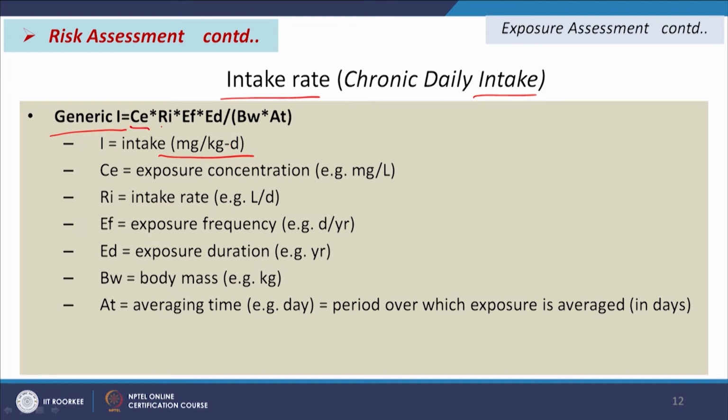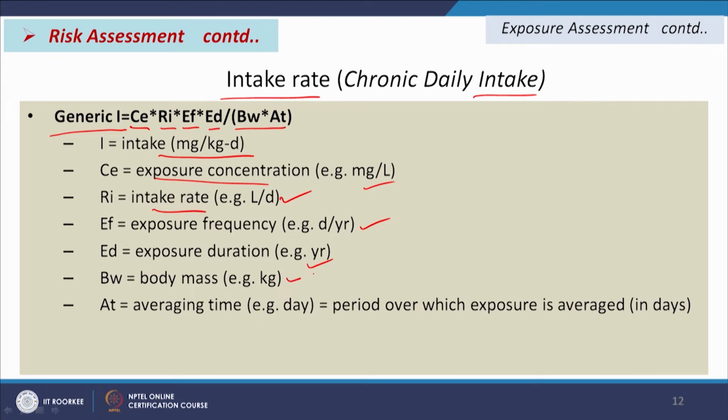where I is equal to Ce into Ri into Ef into Ed divided by Bw into At. So, Ce is the exposure concentration, that is mg per liter, the concentration of the pollutants. Ri is the intake rate, that is how many liters of water I am taking per day. Ef is the exposure frequency, how many days in a year I am living in that area, and Ed is the exposure duration, how many years I am there.